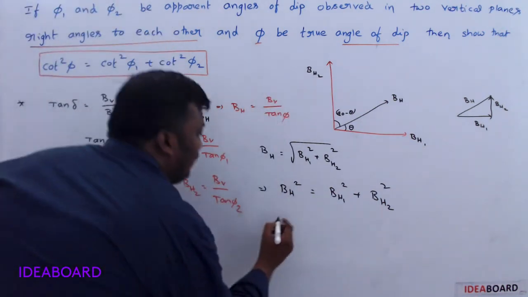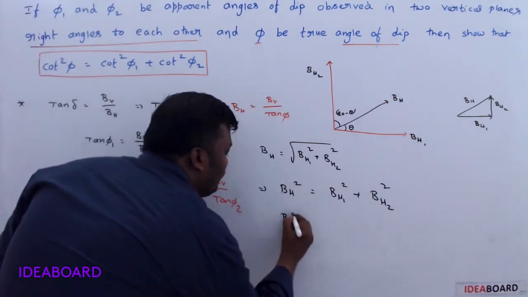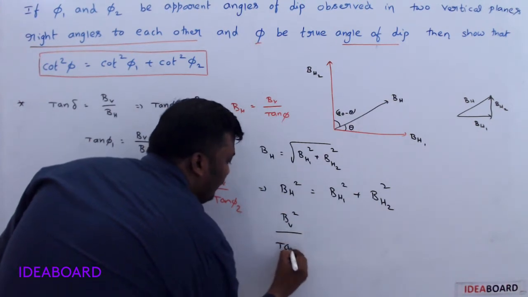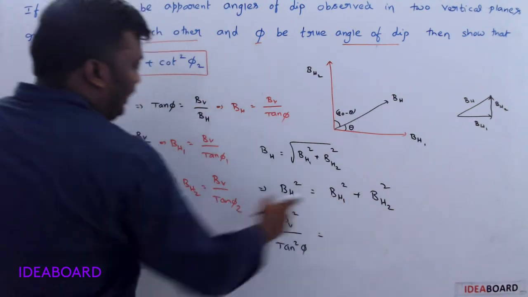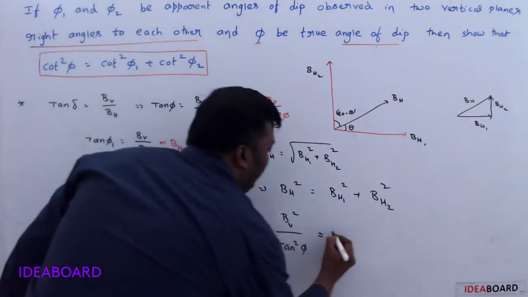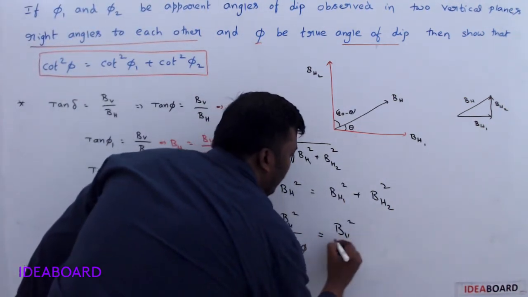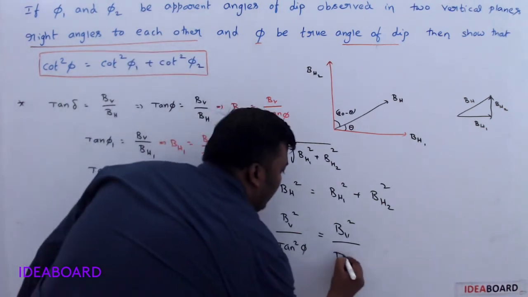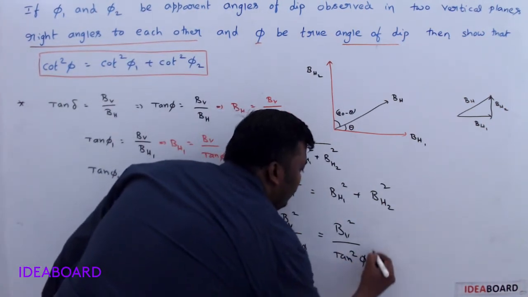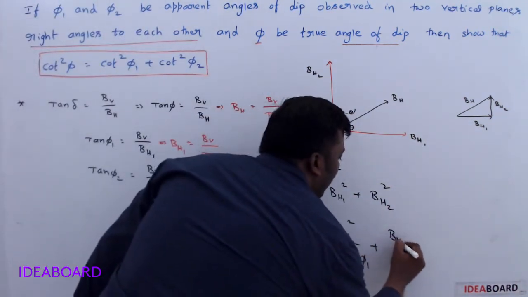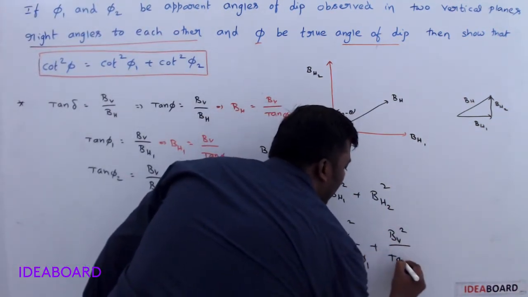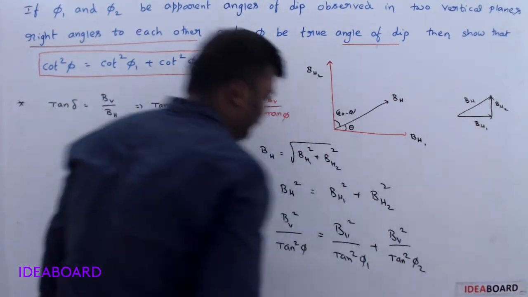So BH square means BV square by tan square phi, equal to BH1 square, BV square by tan square phi 1, plus BH2 square, BV square by tan square phi 2.